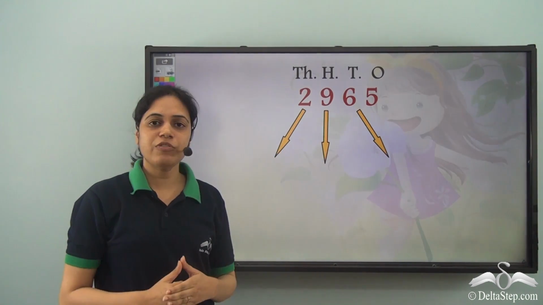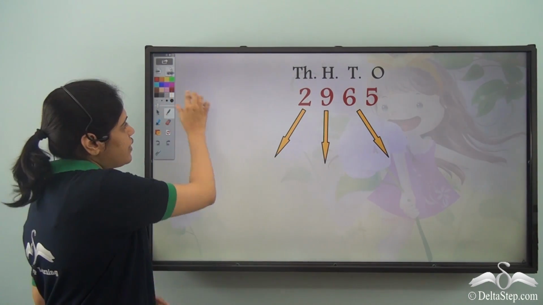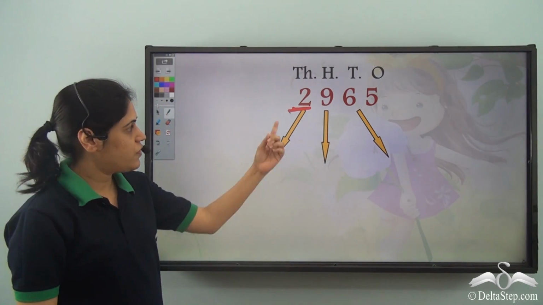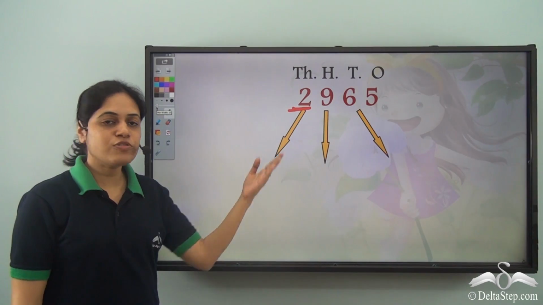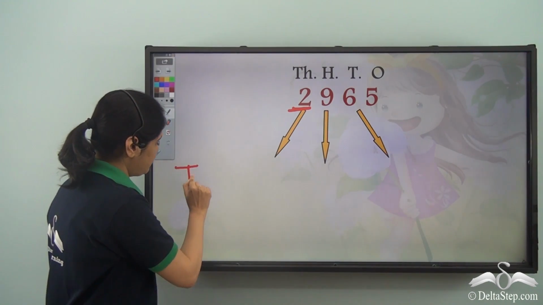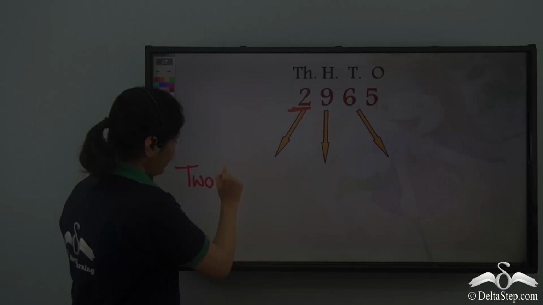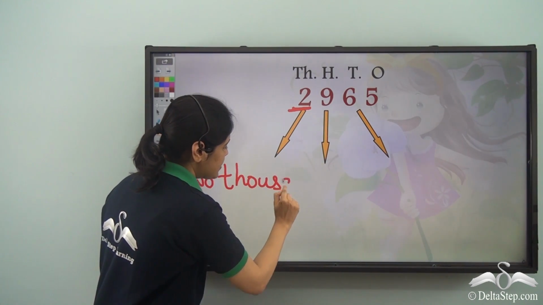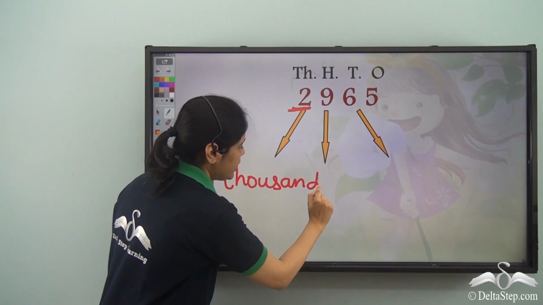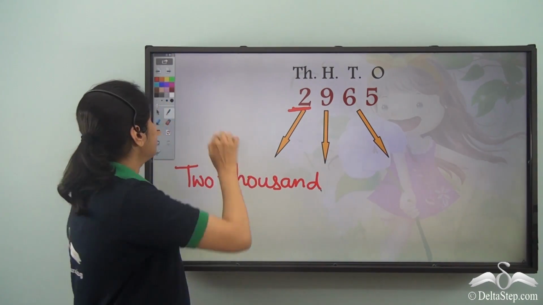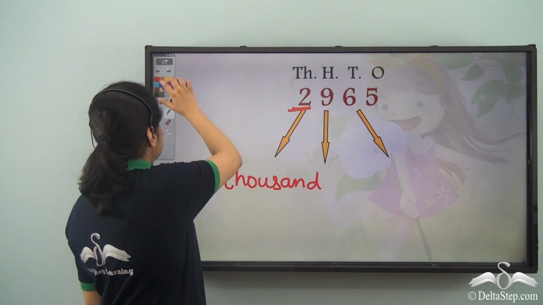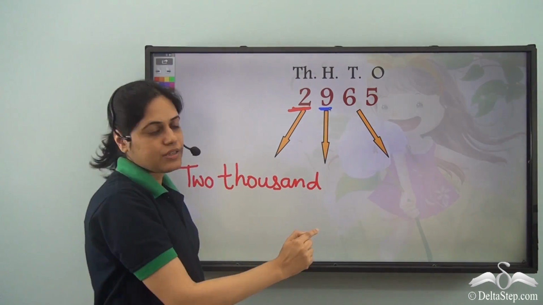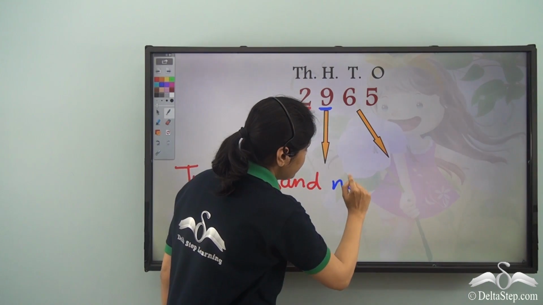What about the number name of this number? So first I look at the thousands digit, which is 2. So 2000, two thousand. The second part is 9 in the hundreds place, so 900.